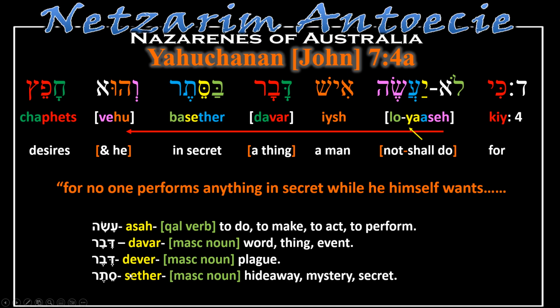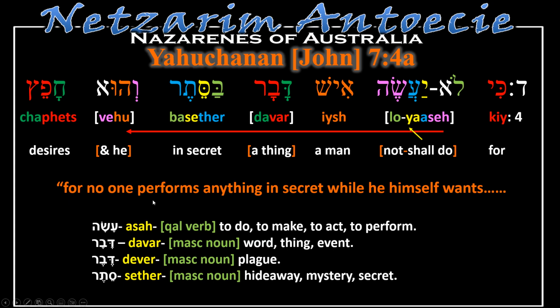And then I've given you down here a bit extra. Asa is a qal verb to do, to make, to act, to perform. Then I've given you this one, which we've seen, and then we say dever, which is a different form, but it's a masculine noun meaning plague. Looks very similar, as you see, but the vowel marks are different, and it means plague. That's why I included that one.